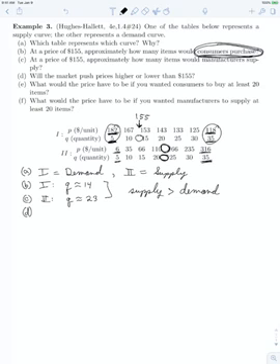Or what does a clothing store do if they have too many pairs of pants around and not enough people are buying them? They have a sale. What is a sale? It means that they lower the price. So in this case, at 155, there's too many things and it'll tend to push the price lower. So the market will push the price lower, and the reason is because right now the supply is greater than the demand.